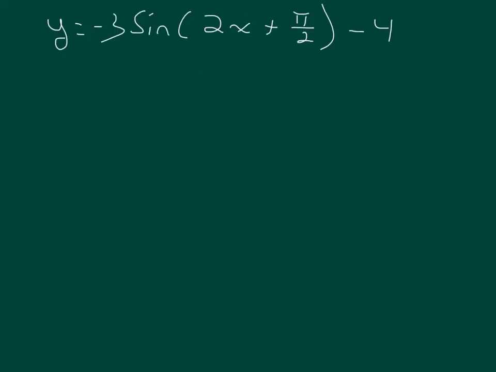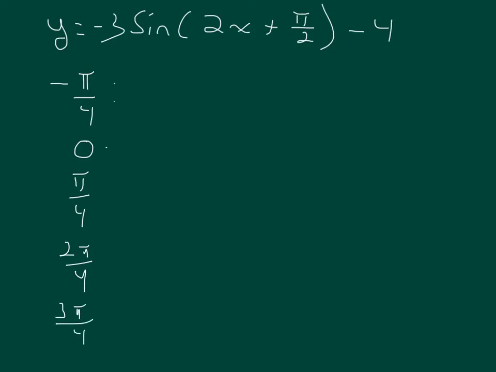What I do now is I will take my left end point, negative pi over 4, and I'm going to add pi over 4. I'm going to add my interval until I get to 3 pi over 4. So I have negative pi over 4 plus pi over 4, that's 0. Then I have pi over 4, then 2 pi over 4, and then 3 pi over 4.